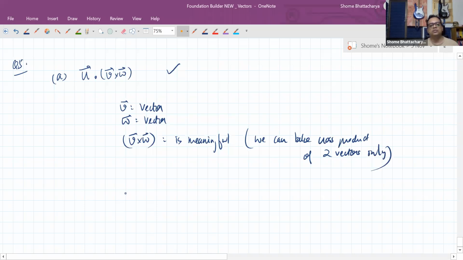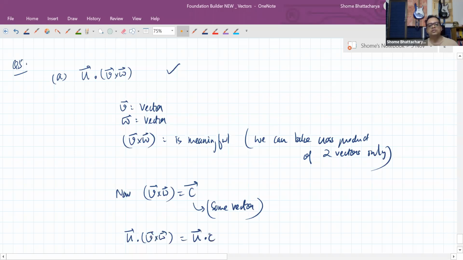Now this itself is some vector, because that is the definition of cross product. So u dot v cross w is nothing but u dot c.